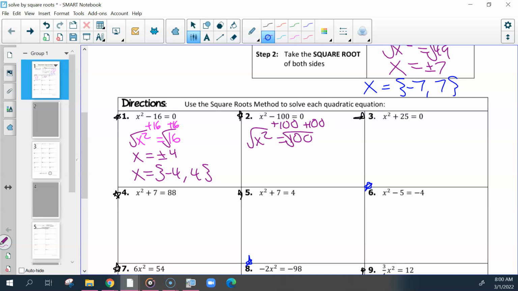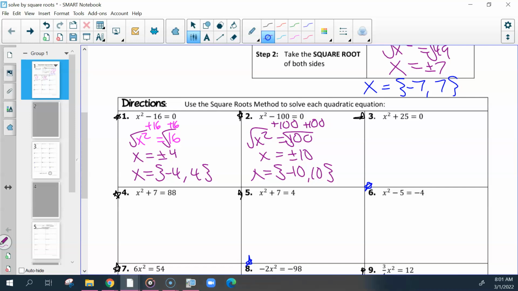And we would get positive and negative 10. And our solution set would be, in curly brackets, negative 10, 10. Great. This does get harder. I just wanted to make sure we were all on the same page with the easier stuff first.